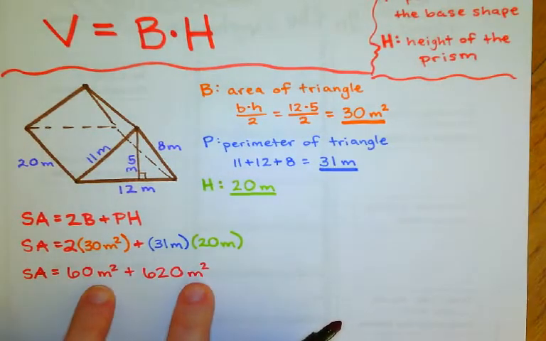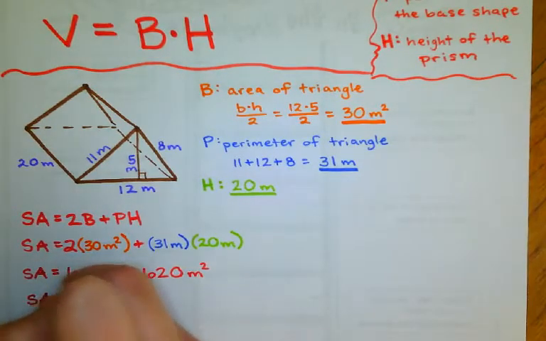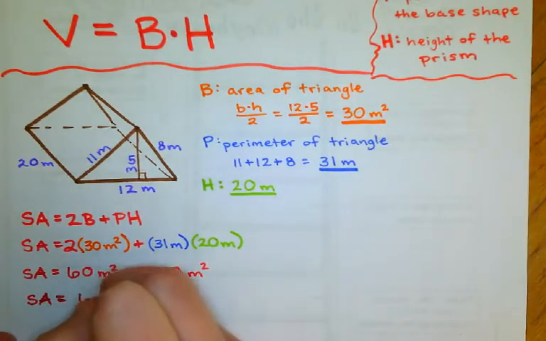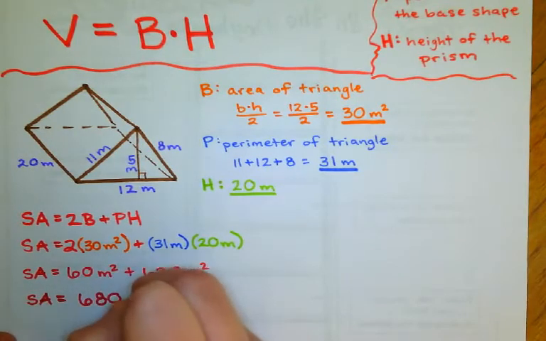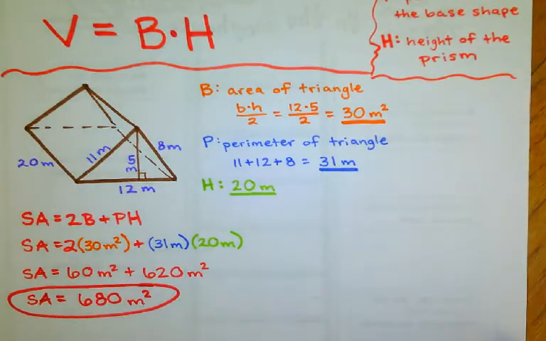Since these are like terms, that means we can combine them. We can add these together. So our total surface area is equal to 680 meters squared. All right, so there's our surface area.